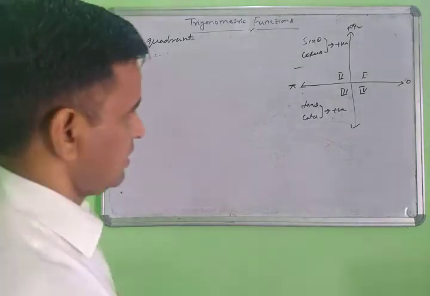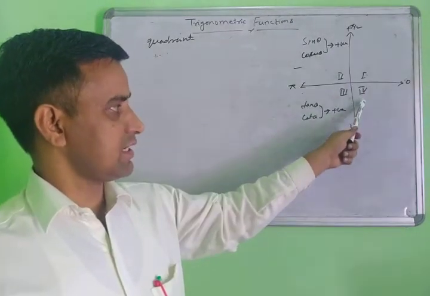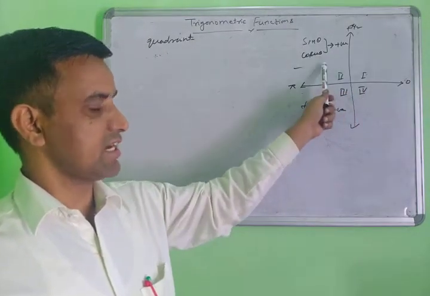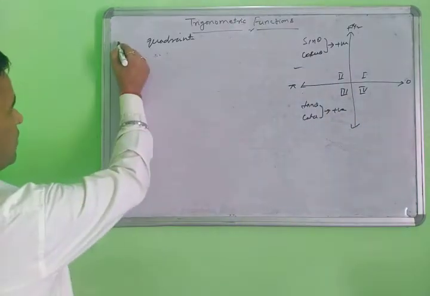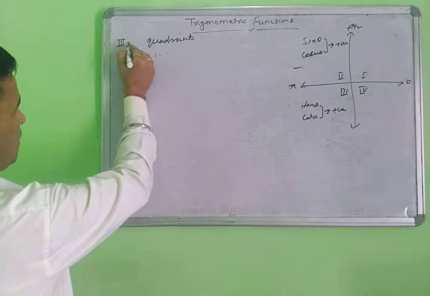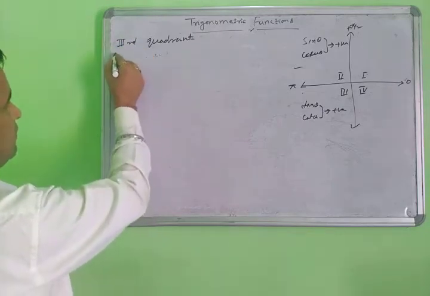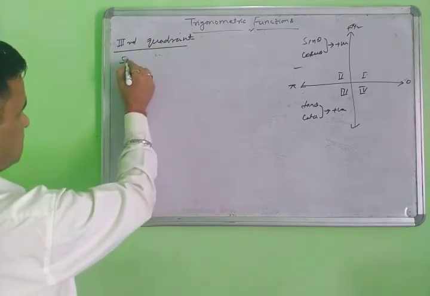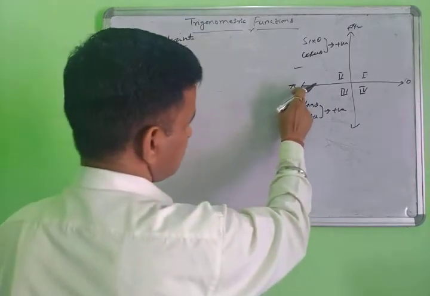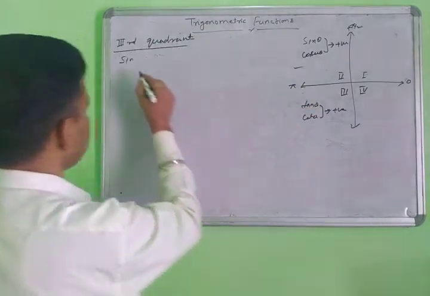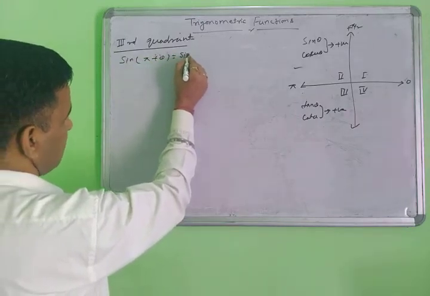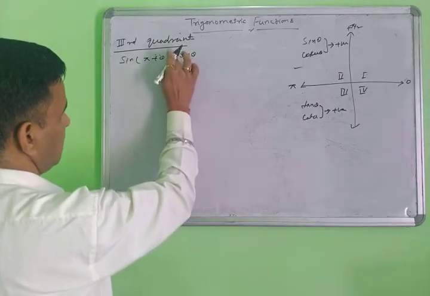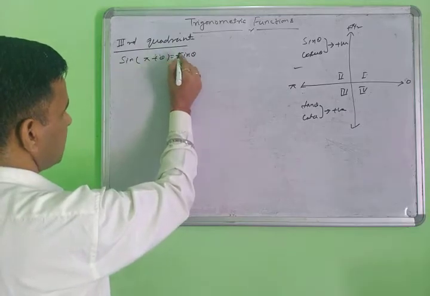Yes, students. First, fourth and second are completed. Last is the third quadrant here. So now start the third quadrant. Sin means this is pi, something added to pi. Sin(pi + theta) will equal minus sin theta.